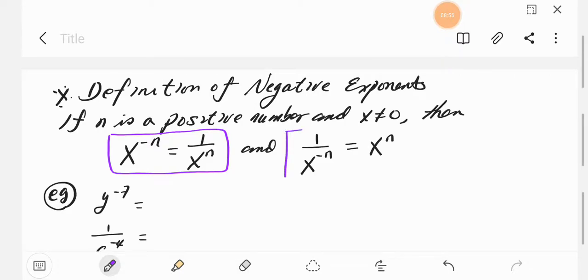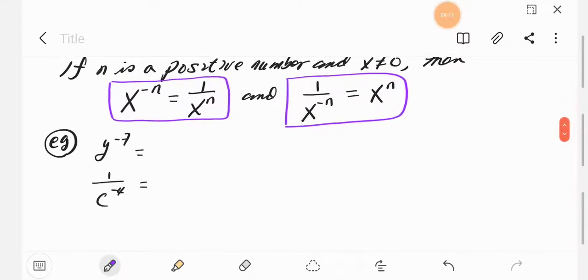Or if the denominator is x to the negative nth power, so this exponent is negative, then once you move this exponential form to the numerator, the exponent becomes positive n.